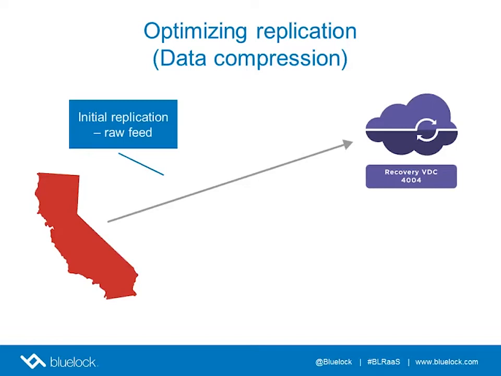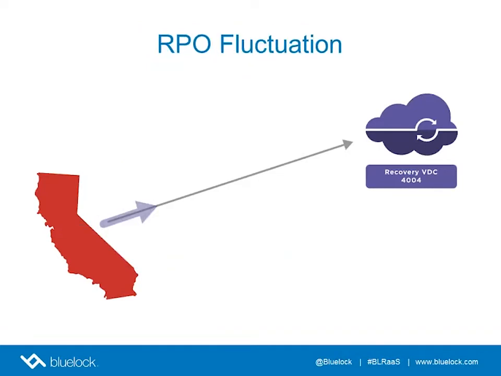So in terms of optimizing the replication, the software itself comes with data compression built in. It's turned on by default, so you don't have to do that, and we found that to be really effective in terms of the total amount of compression that it does. It takes that raw network feed and basically just cuts it down.